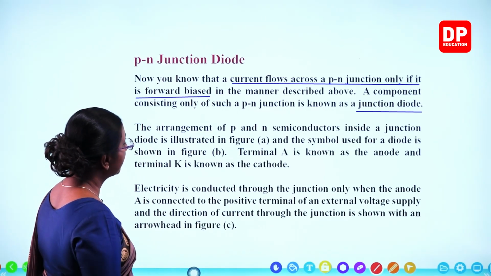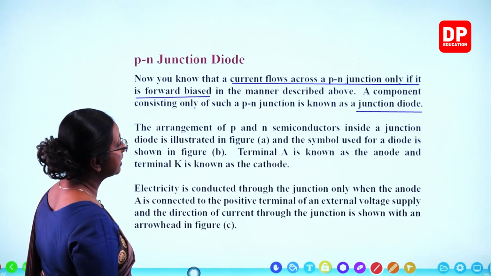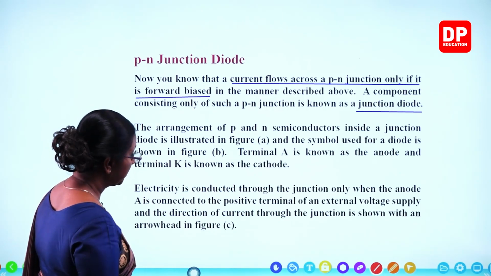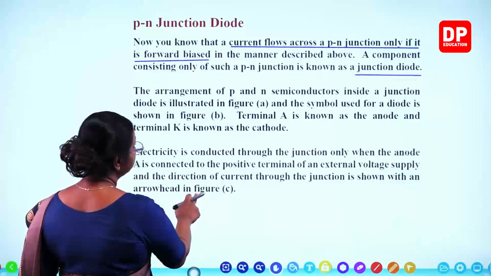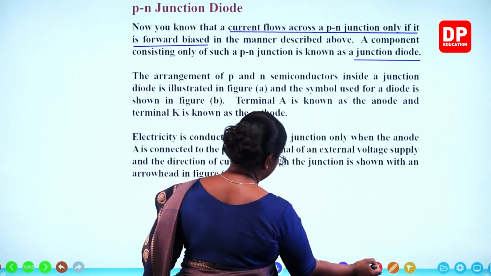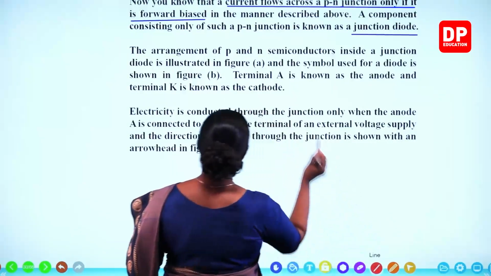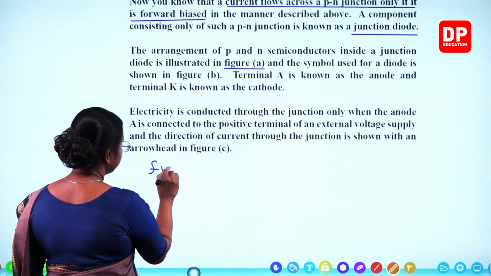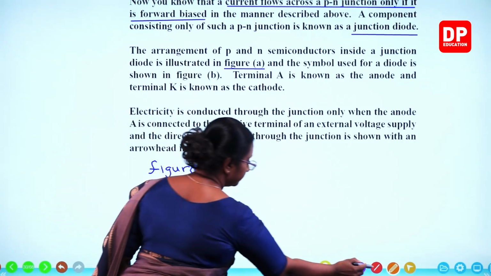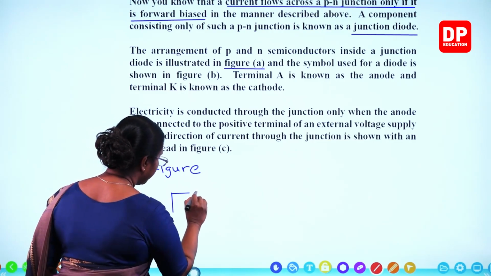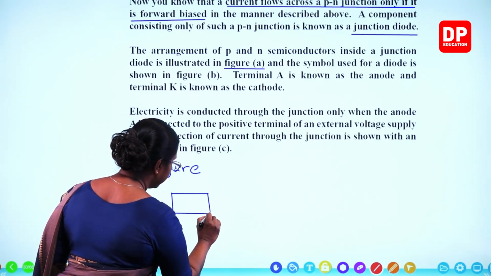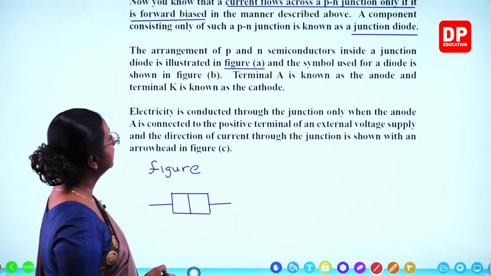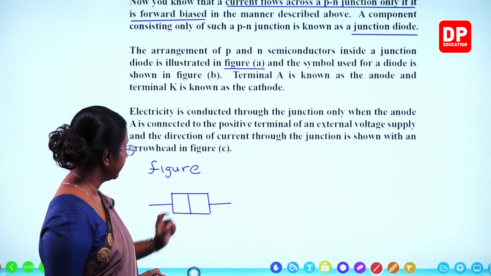The arrangement of P and N semiconductors inside a junction diode is illustrated in figure A. I will draw that for you all. So, this is how the P and N semiconductors are arranged in a PN junction: the P region and the N region.